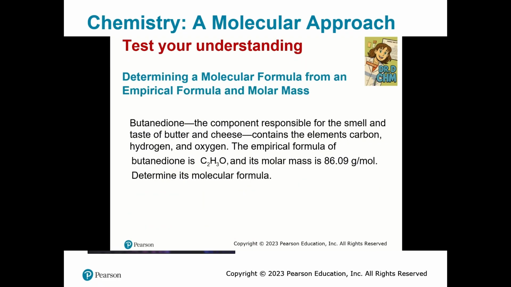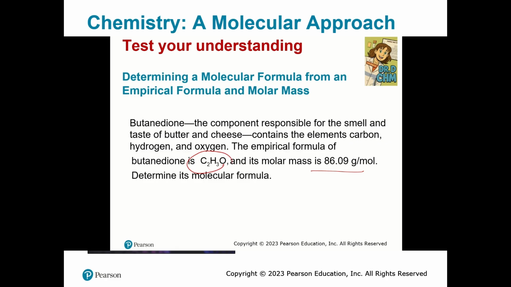Let's see this in practice. Here I have a problem with butadiene, which is the component responsible for the smell and taste of butter and cheese, and it contains the elements carbon, hydrogen, and oxygen. And this is the empirical formula, and its molar mass is over here. So I have the molar mass, and I have the empirical formula.